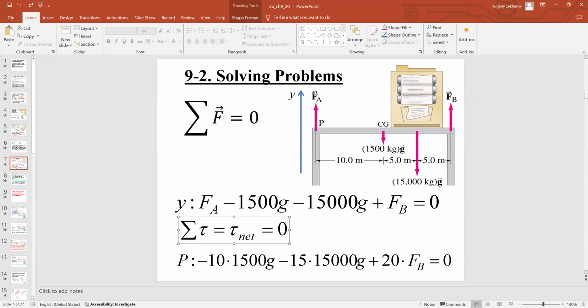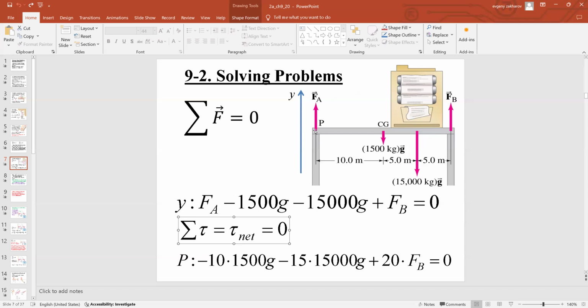So moment arm is 0, and therefore the torque from F sub A with respect to point P being the axis of rotation is 0. You don't know what the force is, you have to find the force, but you can say that the torque from F sub A with respect to this axis of rotation is 0.